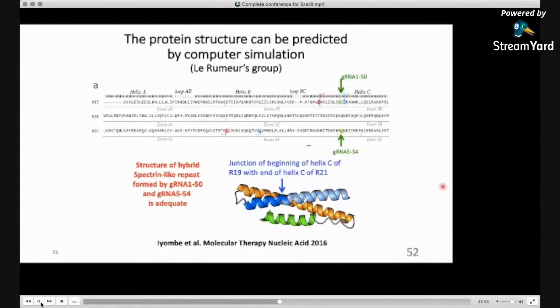This is a structure that has been computer predicted using the sequence of the resulting protein.